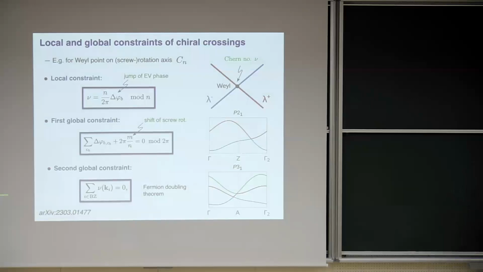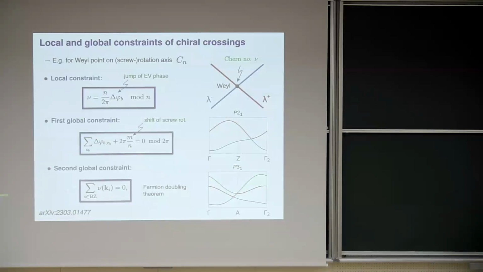Then we call this a screw rotation symmetry. And if this is the case, this theorem tells you that the sum of these phase jumps has to be equal to the shift of the screw rotation symmetry. And finally, we have a second global constraint, and this has something to do with the fermion doubling theorem.